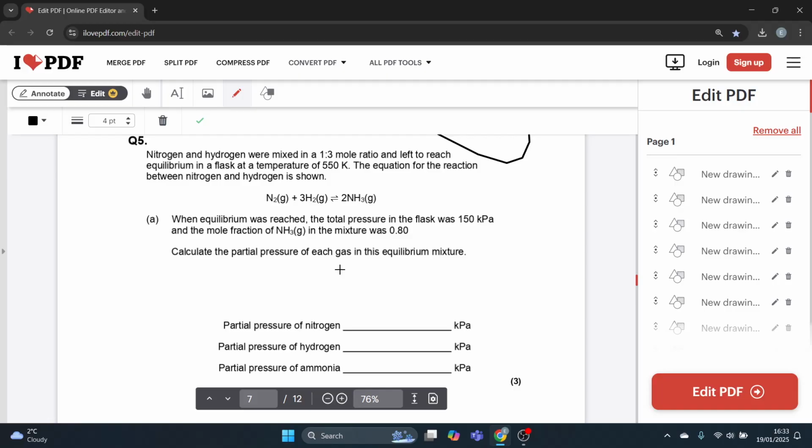So I know the mole fraction of NH3 was 0.80, and mole fraction is its equilibrium moles divided by total number of moles.